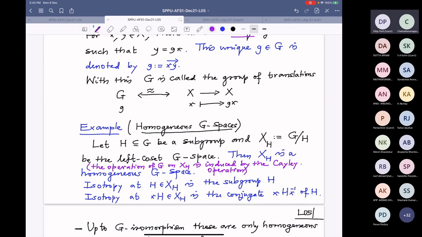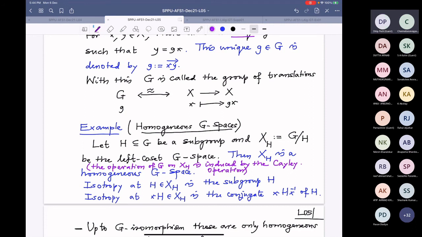So for example, in one of the exercises, what Purnashri was discussing, that whenever H is a subgroup of G, you look at G by H, the left cosets of H in G, that I'm denoting by the set XH. Because I have to get a feeling that this is a set and G is operating on that. And that's what she discussed. The G is operating on XH.